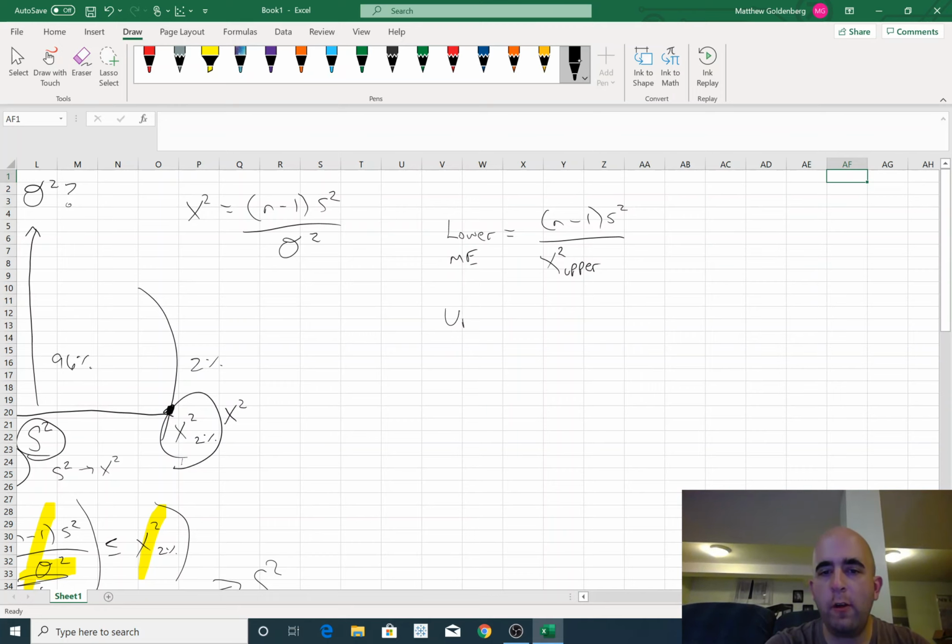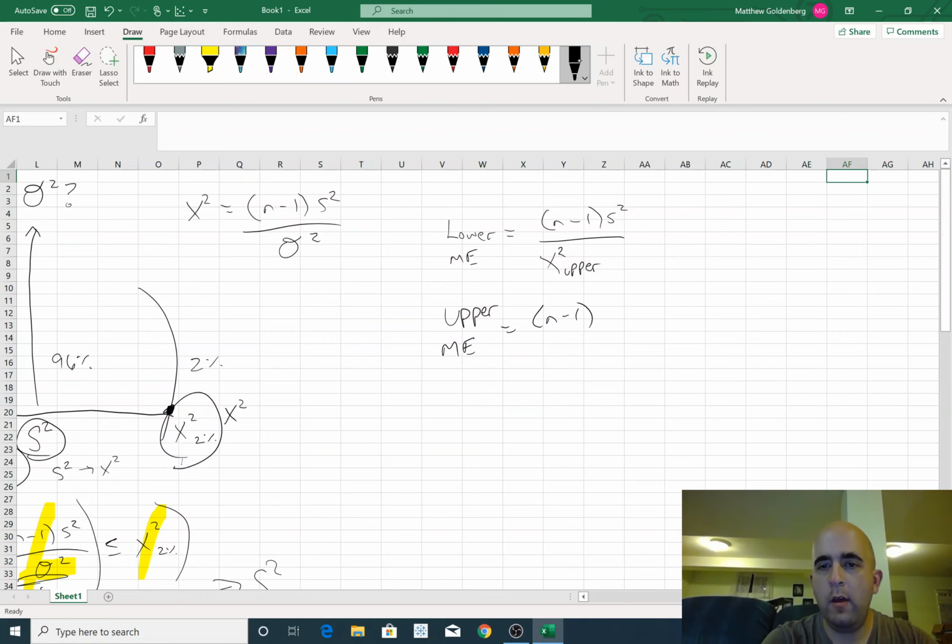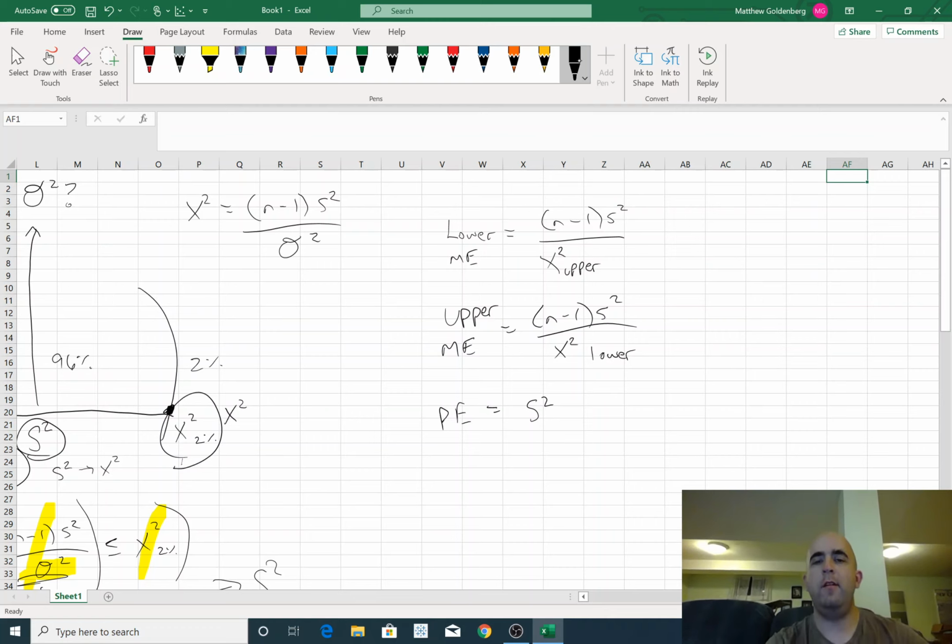Your upper margin of error is equal to n minus 1 over the chi-squared of your lower, and your point estimate is equal to your sample variance. And there, I believe we've covered it.